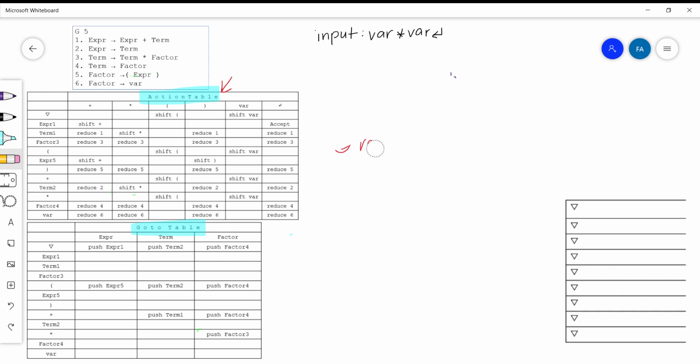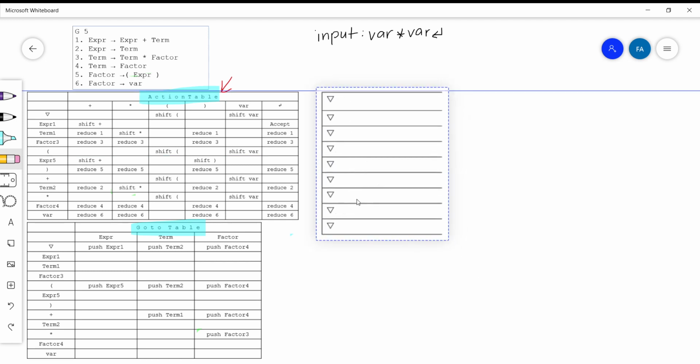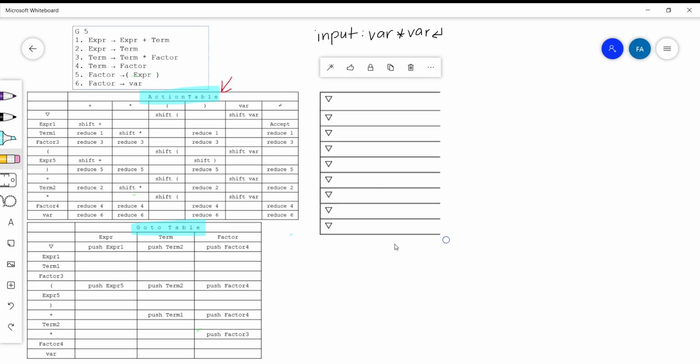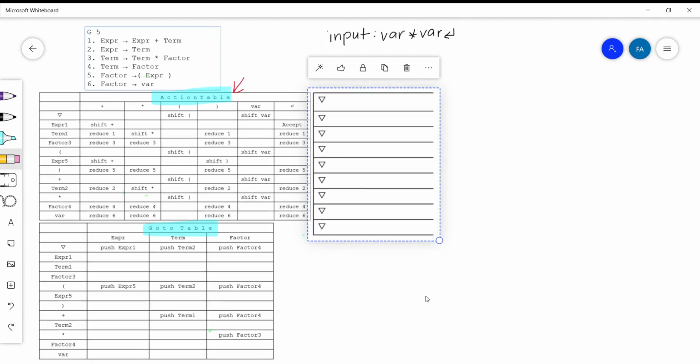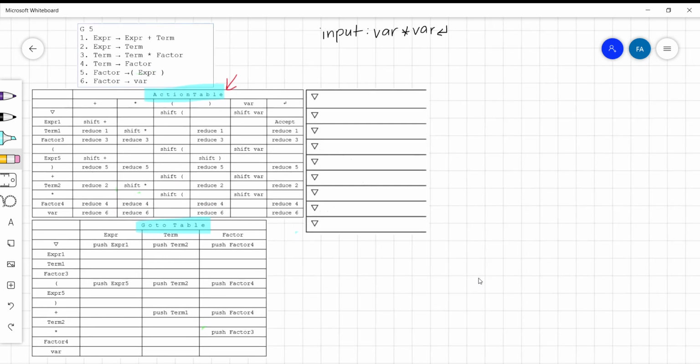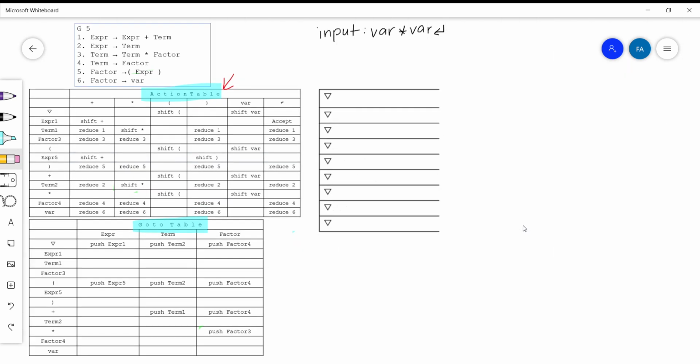What I'm going to do here is use a template of empty stacks to make it easier for us, so that whenever I erase some of the ink, it will not erase the stacks too. However, for you guys, you need to draw your own stacks, so the empty stack tables will not be given for you. Okay, so let's start to do our stack parsing.